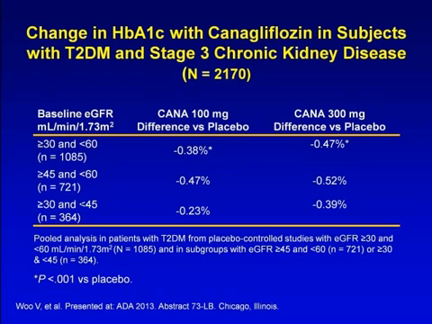Similar data have been obtained with the other SGLT2 inhibitors, and in fact, the efficacy of dapagliflozin with an eGFR less than 60 is not very strong, and according to the package insert, that drug should only be used in patients who have an eGFR greater than 60.